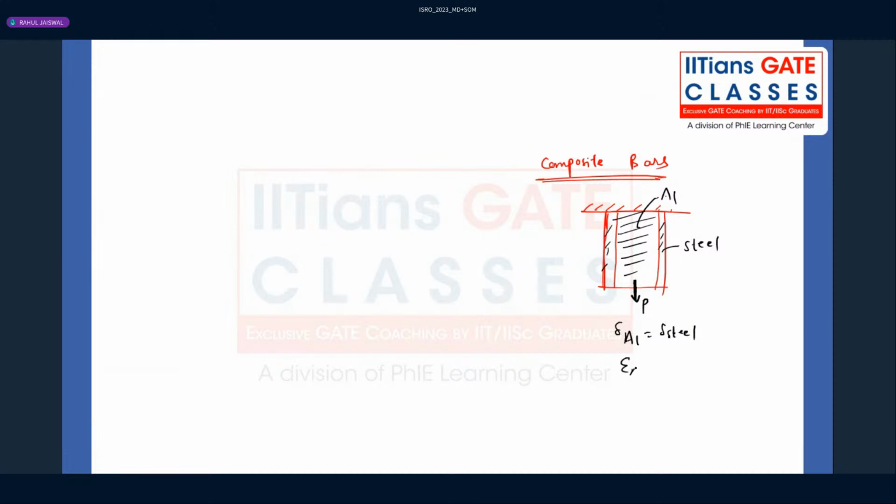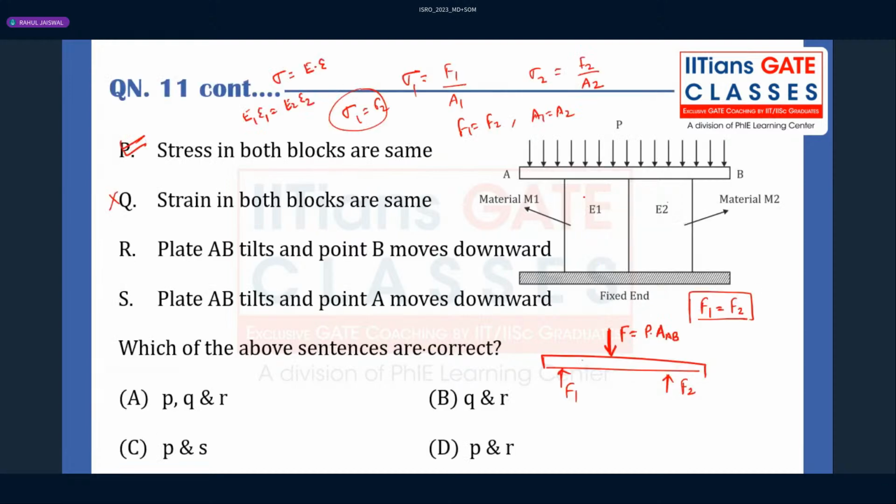We say strain in aluminum equals strain in steel. So when we say strain is equal, we call it a composite bar. But here this is not a composite bar case. The situation might look similar, but here strain will not be equal, because the plates are placed symmetrically and the loads are also applied symmetrically over both the plates. So stress will be equal, but strain will not be equal.